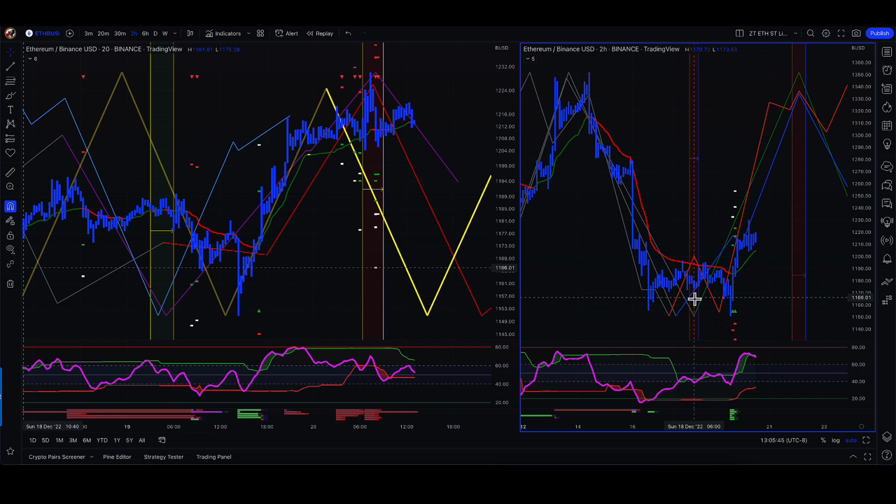I'd be waiting for setups to the long side, or I'd switch to a trading strategy that is just playing intraday ranges, because you can see that during this transition there's a lot of choppy motion on the price charts. So during the tops and the bottoms, I'm less looking for directional trades, and I'm really focusing on mean reversion or range plays.